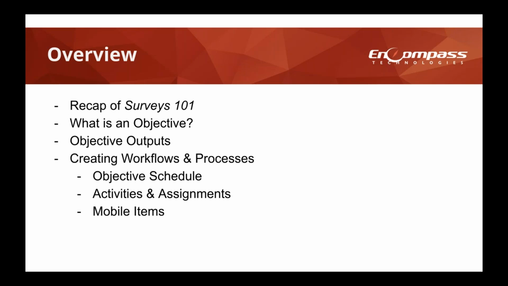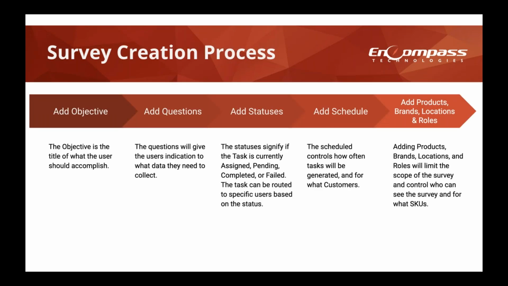So within that, we're going to talk about the difference between objective schedules, we're going to use activities and assignments and how those interact with objectives, and then we're going to also talk about mobile items. So a wide variety of topics, and it should fill up the majority of the time that we have together today.